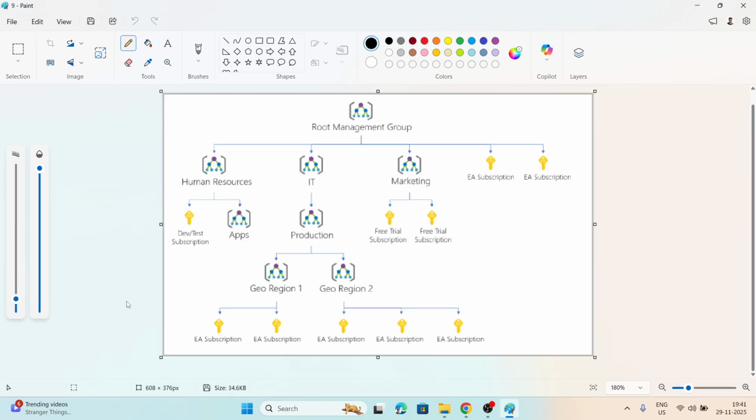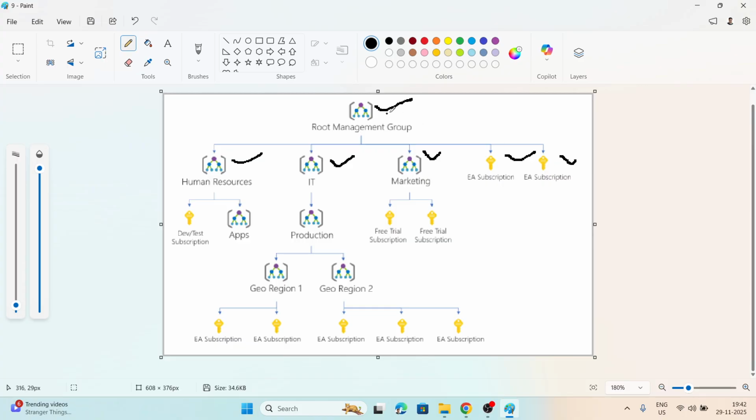So now I will explain how we get the management groups and subscriptions. If we create any subscription, any Azure account, at the very top there is a root management group. Under the root management group, we can create other management groups. Here I have created human resources, IT, marketing, and we can also directly create subscriptions under any management group.